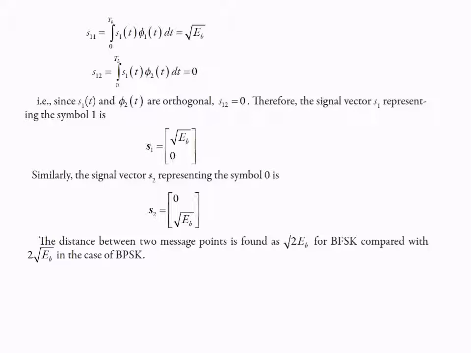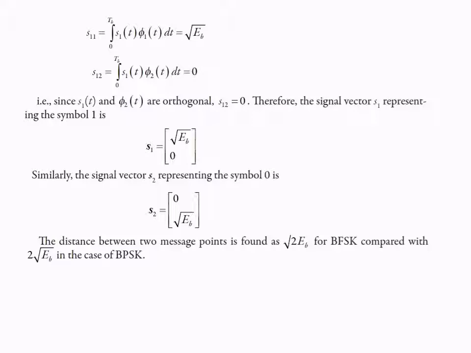S1 is equal to S11 and S12. That is written here, S1 is equal to root of EB, which is the value of S11, and 0, which is the value of S12. Similarly, the signal vector S2 has two components, S21 and S22. After calculating, we got 0 and root EB.